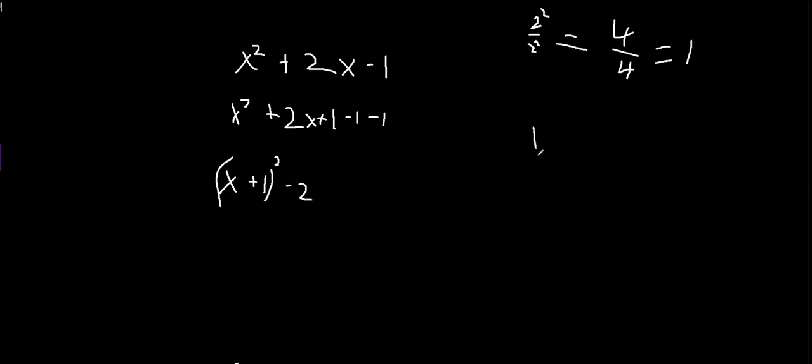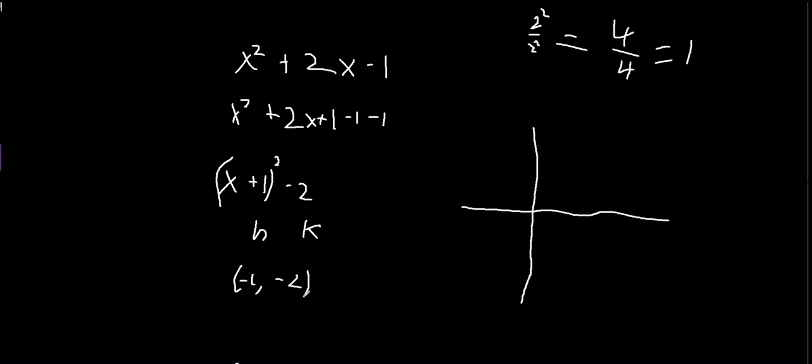And then if we graph this, I'm not going to do it so pretty. I can barely write with the mouse. We'll see that h and k are negative 1 and negative 2. So if we did this, oh god, they're getting more and more parallel.